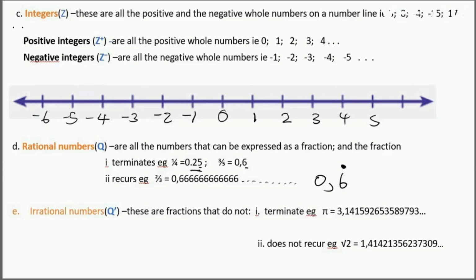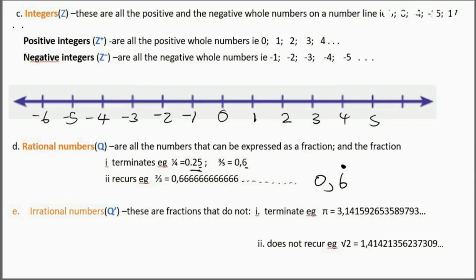Right? The last group of real numbers are irrational numbers, denoted by the capital letter Q and the complement at the top. These are fractions that do not terminate. For example, pi does not terminate. And these fractions do not recur, like the root 2.